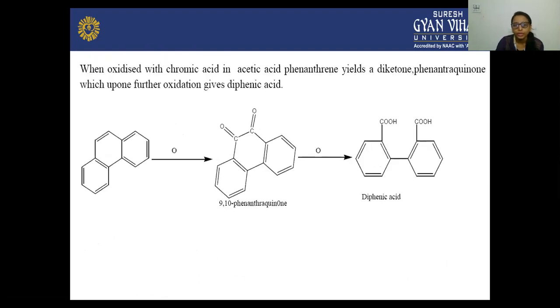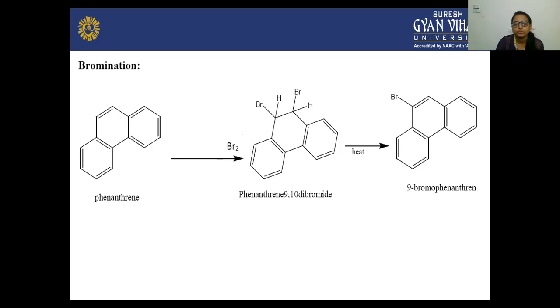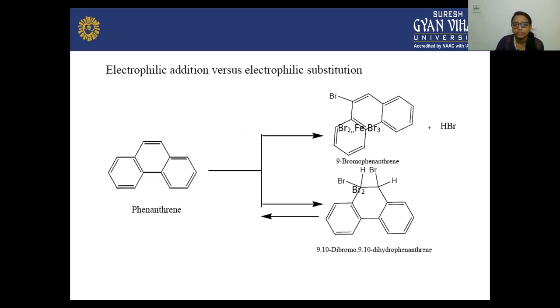When oxidized with chromic acid in acetic acid, phenanthrene yields the diketone phenanthrenequinone, and upon further oxidation, diphenic acid is formed. Next, bromination: here 9-bromophenanthrene is formed.